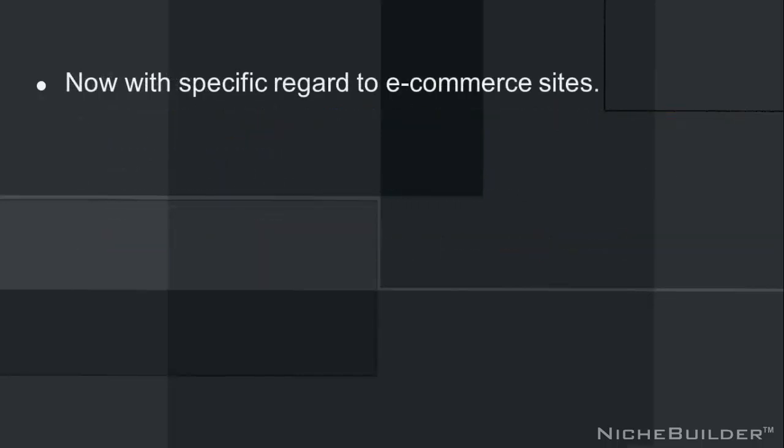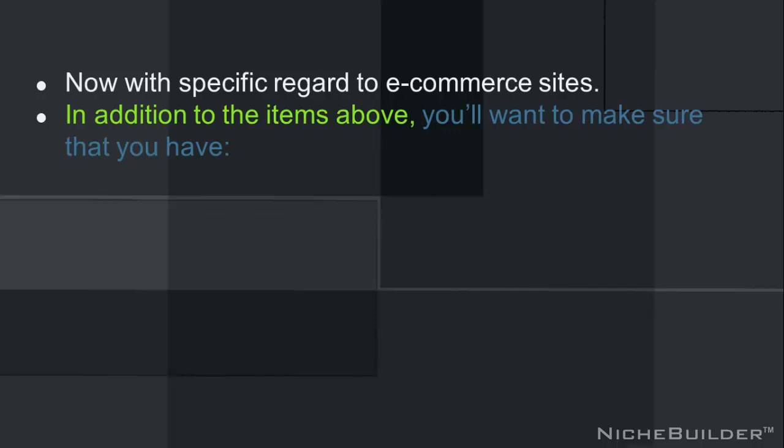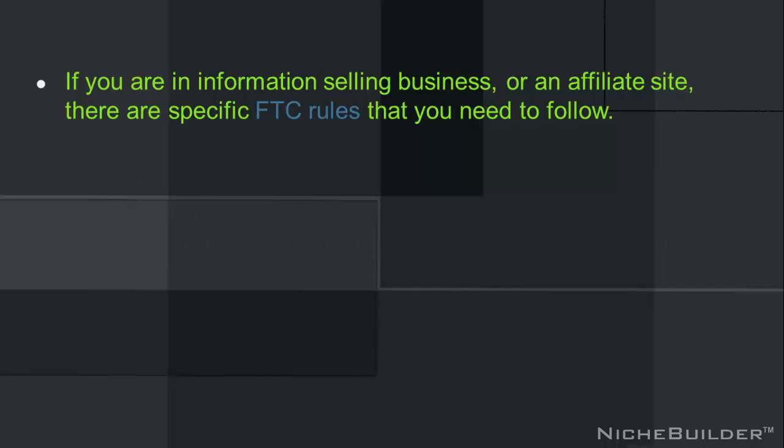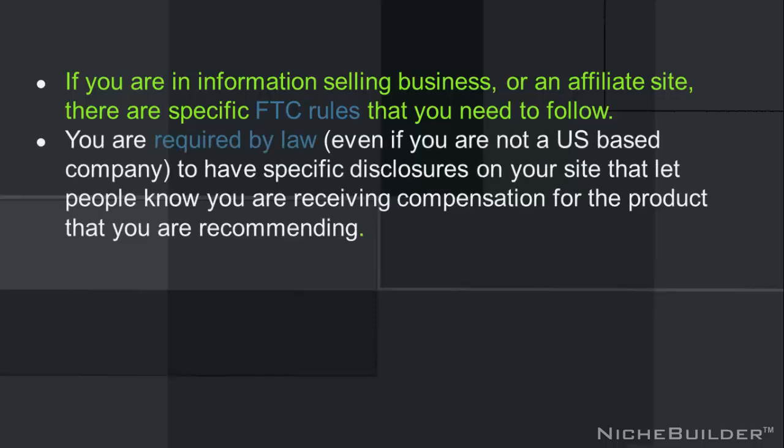Now, with specific regard to e-commerce sites, in addition to the items listed above, you want to make sure that you have a shipping, warranty, return policy, and refund terms page listed. If you're an information selling business or an affiliate site, there are specific FTC rules that you need to follow. You're required by law, even if you're not a US-based company, to have specific disclosures on your site that let people know you're receiving compensation for the product that you're recommending.